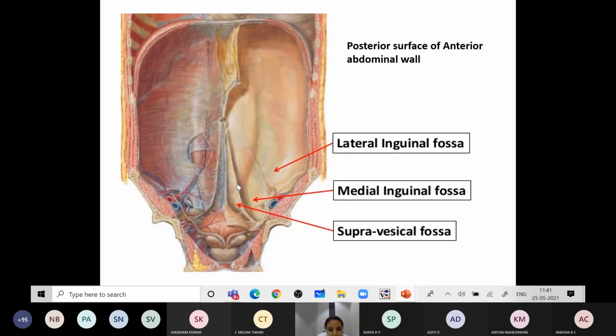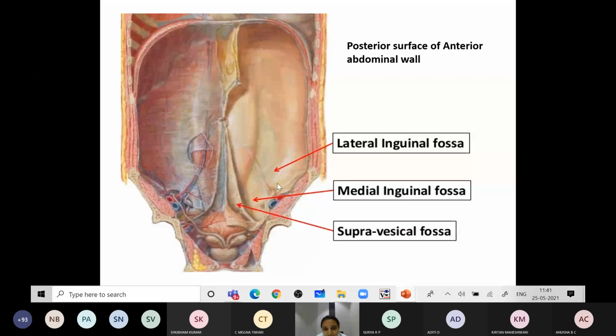The fossa between the medial umbilical fold and the lateral umbilical fold is called the medial inguinal fossa. Lateral to the lateral umbilical fold is the lateral inguinal fossa.